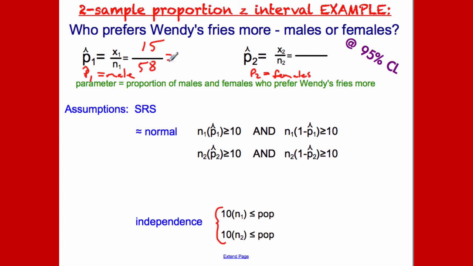And let's do the females. What do we have? 15 out of 58. Anybody got it? 0.258 or something? Let's go 0.258.